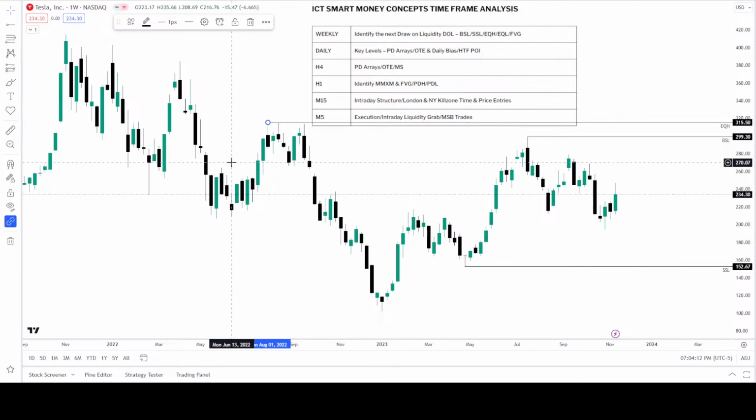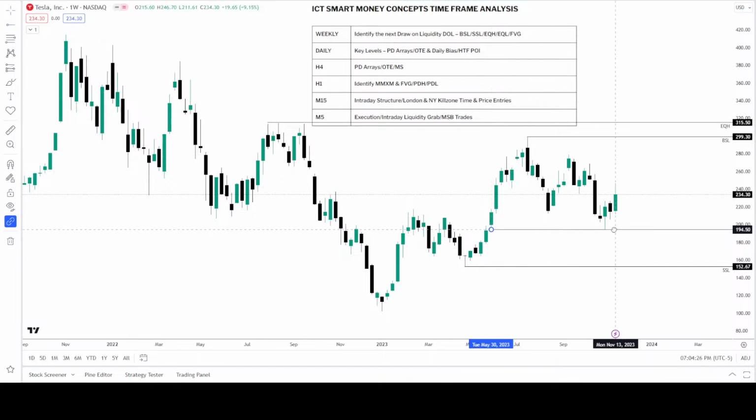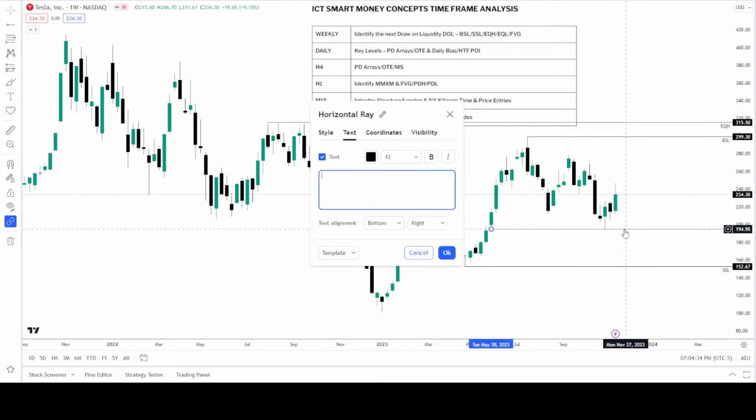We want to train our eye to identify where those equal highs and equal lows are. Then actually, we do have equal lows, or relative equal lows, in these two wicks right here. They don't have to be perfect as far as the equals go. Relative equals are also acceptable. So we're going to put those there as well.